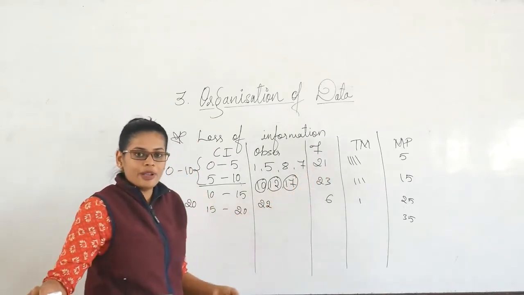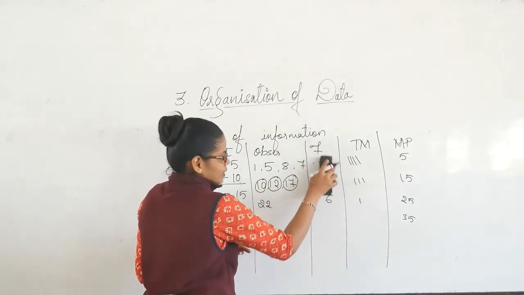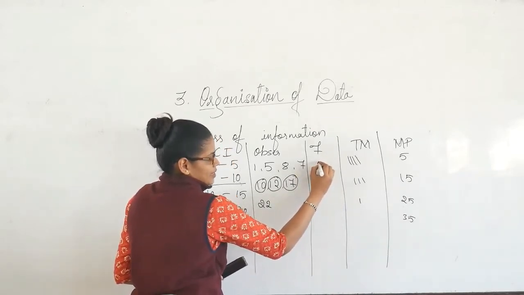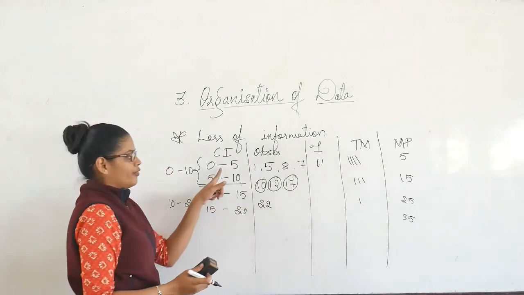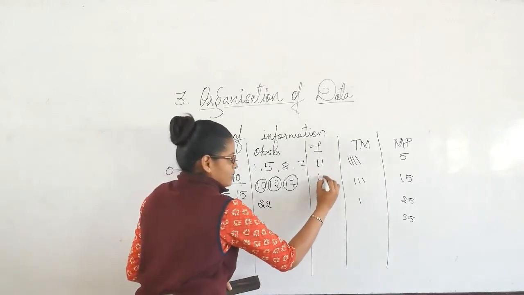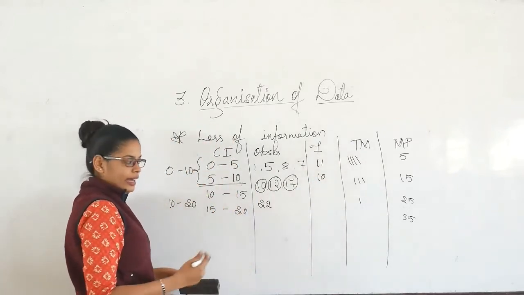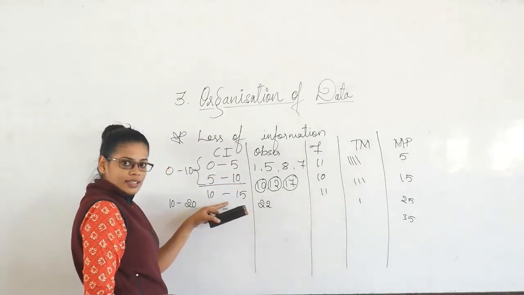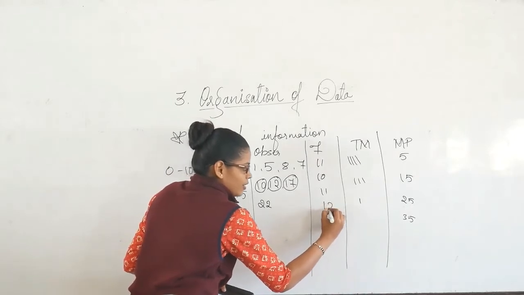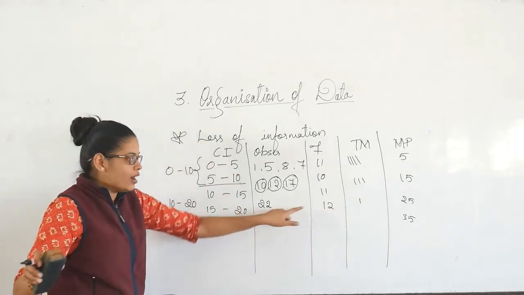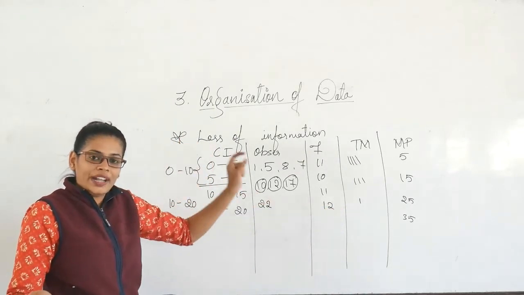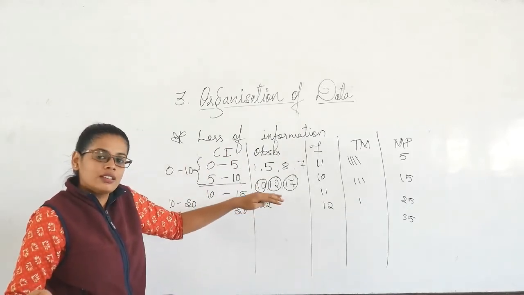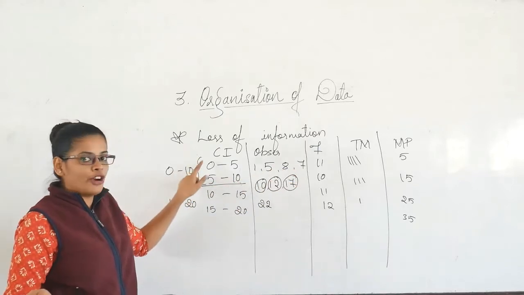Now, this information can be like this, right? So, out of 21, let's say 11 students have scored in this range and 10 students have scored in this range. And out of 23, 11 students have scored in this range and 12 students have scored in this range. Now you can see that 21 and 23 have been divided, so now we can get accurate information.